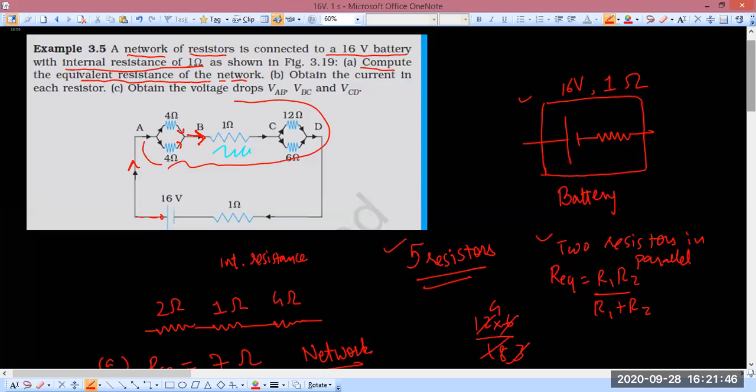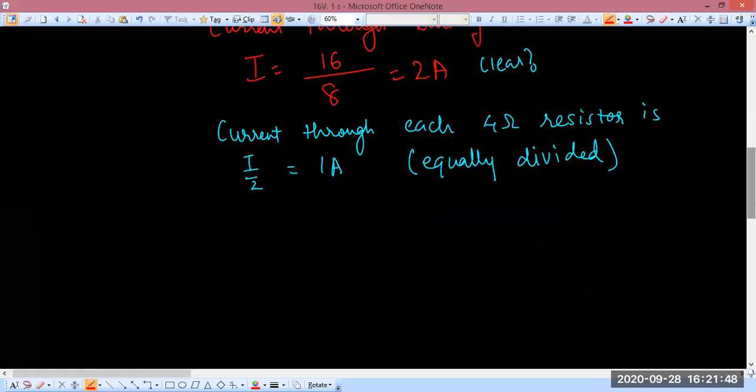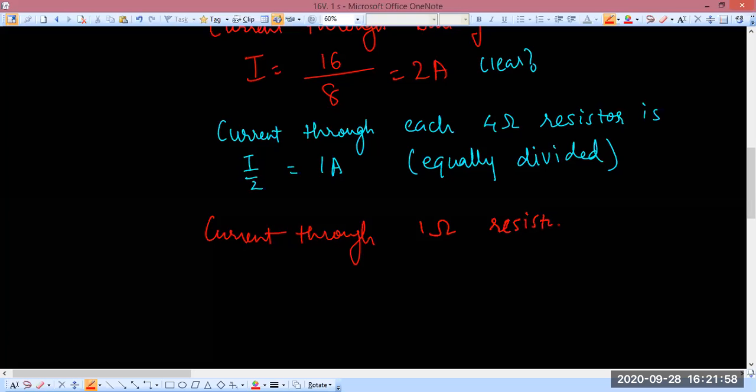So what is the current through 1 ohm? It is going to be 2 ampere, no doubt about that. This one is very easy.